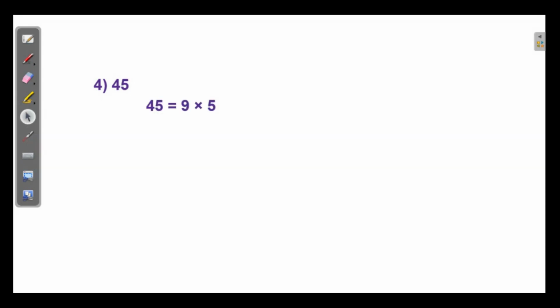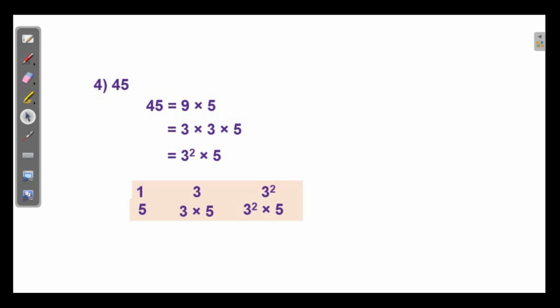Write 45 as a product of prime factors, which is equal to 3 square into 5. The factors are 1, 3, 3 square, 5, 3 into 5, 3 square into 5. How many factors are there? 6. And here see, which is the power of this prime number? 2. And here the power is 1. And the number of factors is equal to 6.